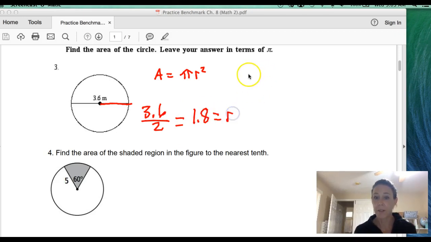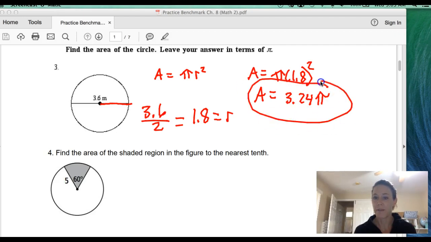That's my radius. So my area is pi times 1.8 squared. If I square 1.8, I get 3.24, and I'm going to multiply that by pi. I like to put pi at the end, and you're finished.